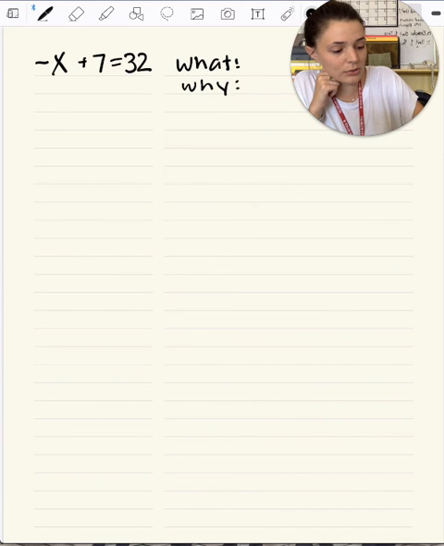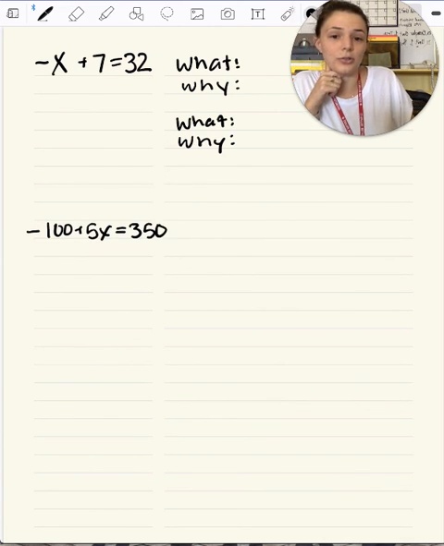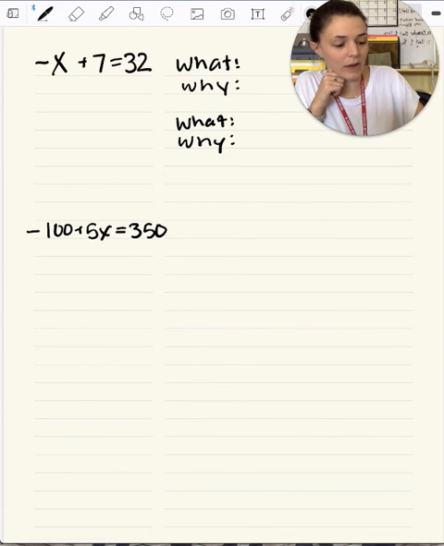So you'll do your what and your why again. And then the last one is negative 100 plus 5x equals 350. And you'll do the same thing, providing your explanation down below for this one.